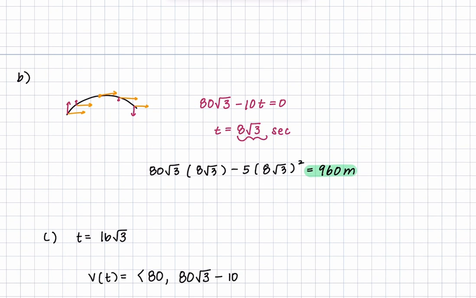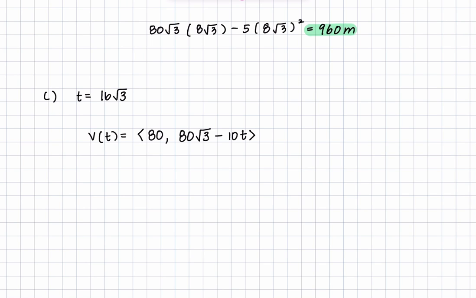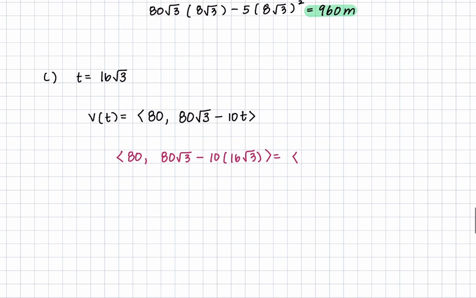So when I plug in 16 root 3 for t, I'm going to get 80, 80 root 3 minus 10 times 16 root 3, which equals 80, negative 80 root 3.